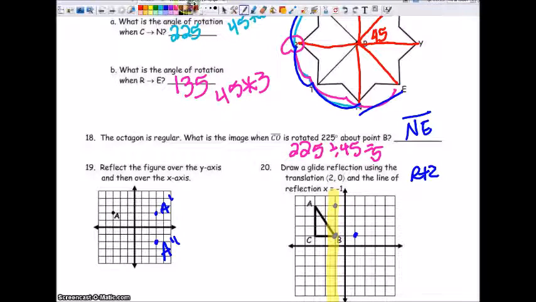When you reflect over that, you go 1, 2, 1, 2. And this is what your new shape looks like.